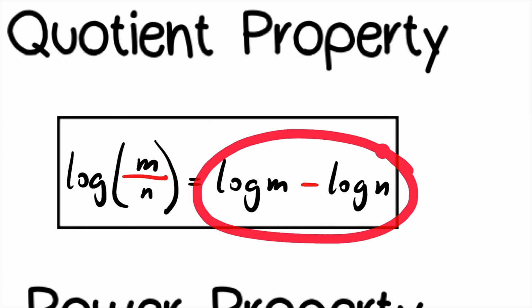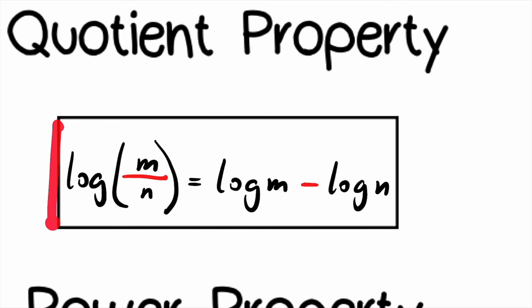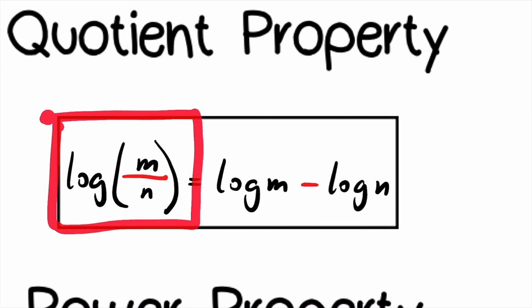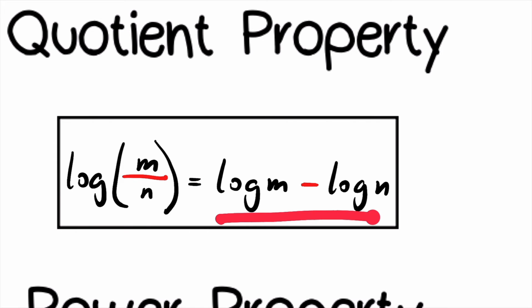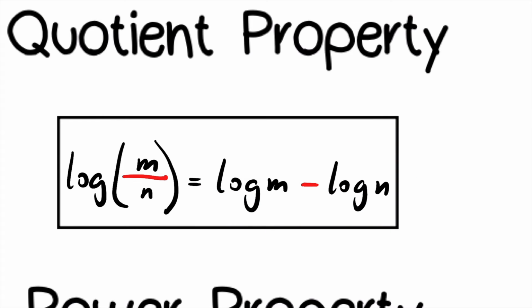So you have subtraction over here, and you have division over here. So again, this is the condensed side, because it's only got one log. Over here is the expanded side. I have multiple logs. I have a log here and a log there, right? That's how you can tell it's expanded. If there's multiple logs, it's expanded. If it's only one, it's condensed.